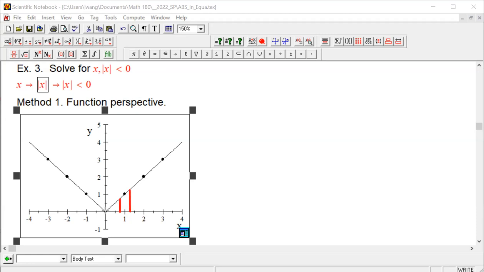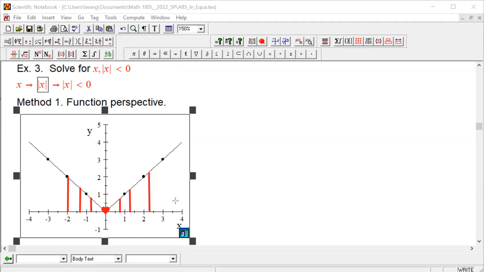And for 0, the input's output is 0. Okay, so I'm going to put a red dot there. Input, output, input, output. All of these are outputs.